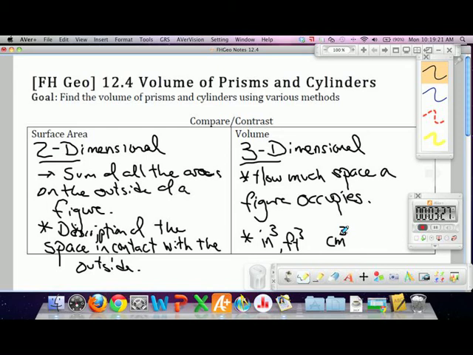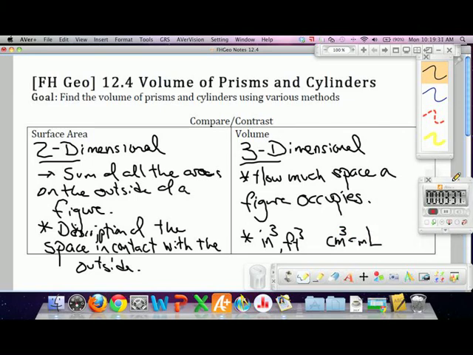In terms of liquid volume, does anyone know what a cubic centimeter is the same as? A milliliter. Now here's the real question. If the liquid volume is a liter, what would be our cubic analog here?